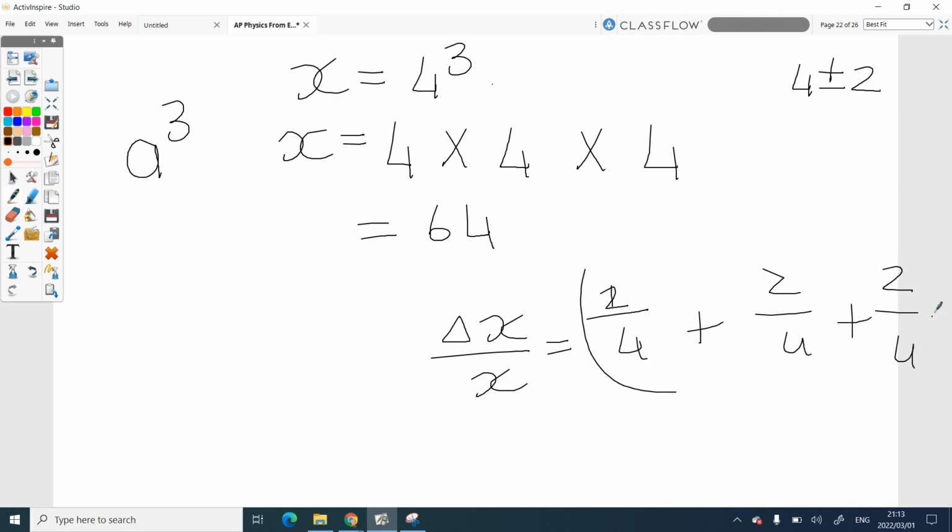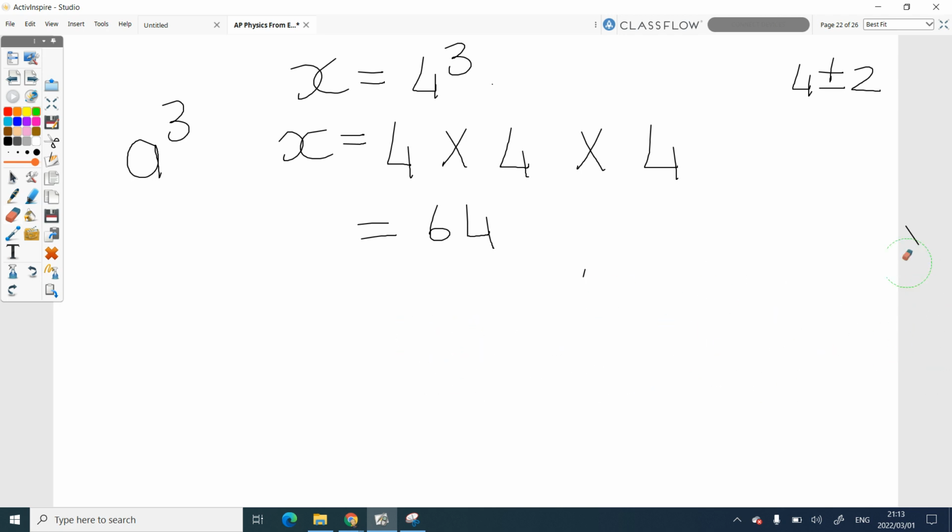So can you see that you've actually just got 3 of them? So you don't have to go and say 2 over 4, 2 over 4, 2 over 4. You can just take the power, and then you know that is how many of them you have to add. You can always do this if you only remember the multiplication one. But what's much easier is to say that the fractional uncertainty in x is going to be 3 times the fractional uncertainty in a.